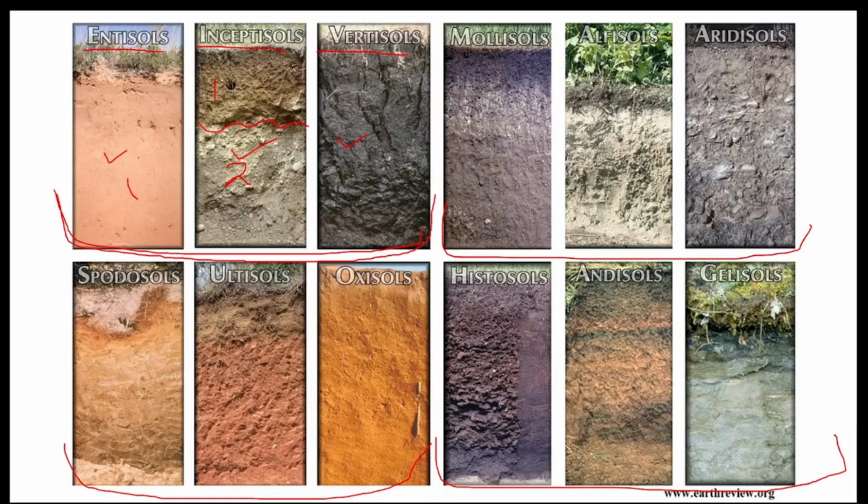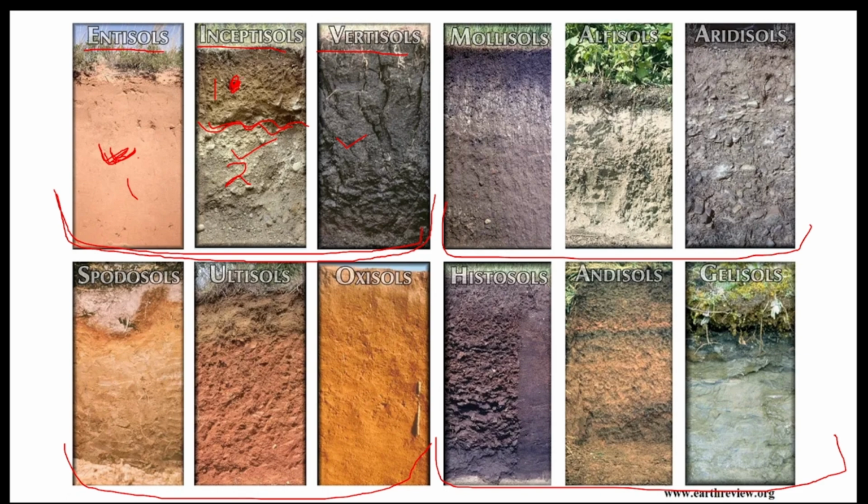So in entisols we see that there are no layers developed, it is only a single layer here. But in the case of inceptisols we see that there are layers developed, and the above layer is slightly darker than the second one. If so, we can say that weathering has taken place.